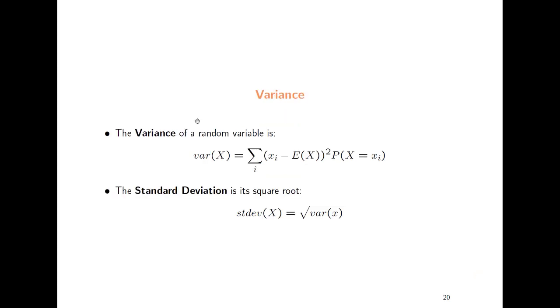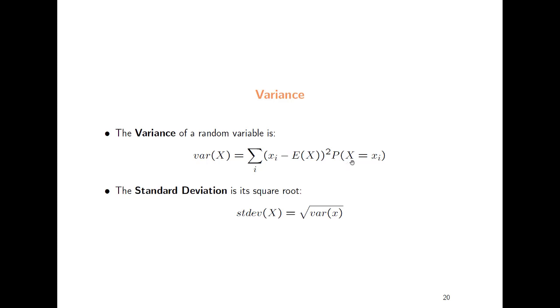Then the variance indicates how much the realization of the random variable varies around its mean. So we sum over all possible values of the random variable, and we take the value minus the expected value of this random variable, and take the square of this expression and multiply it by p of x.